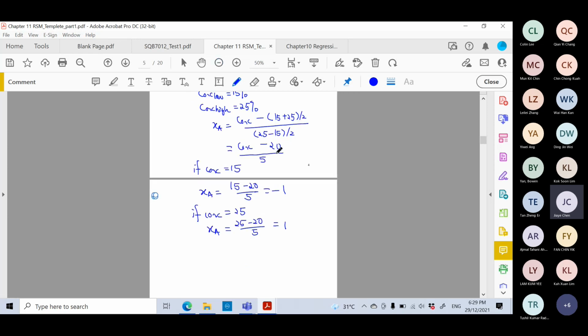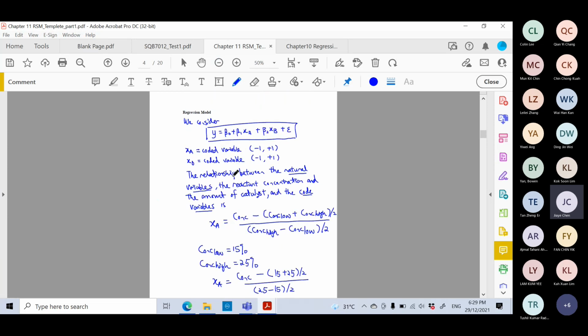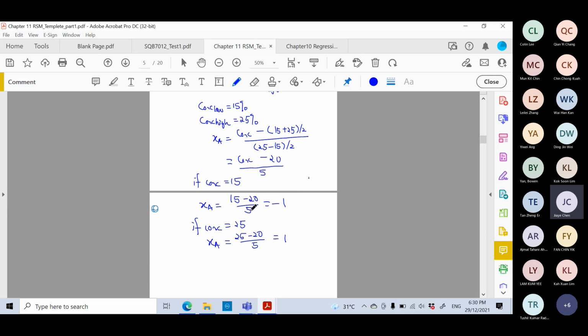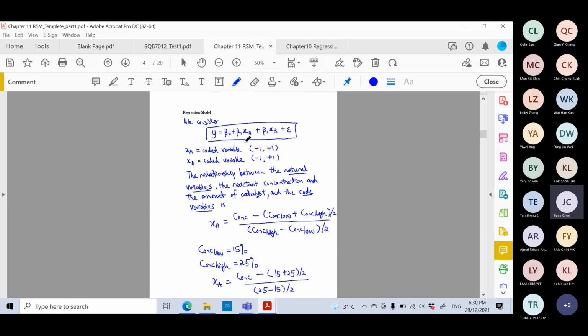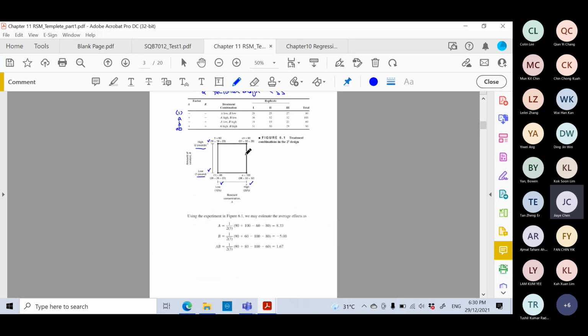Okay, so this is the reason why you want to find out the relationship of the coded and the natural variable first. You need to know this because later on, from the equation here, you can convert your equation in terms of the natural variable. The same process will be applied for the XB. B here refers to the amount of the catalyst.